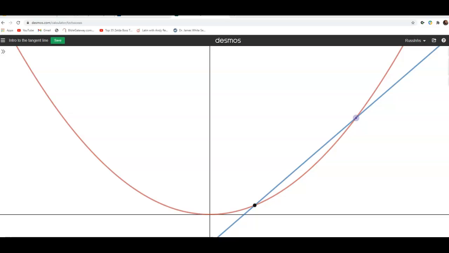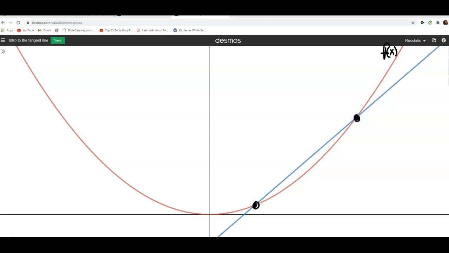All right. So let's go ahead and first of all remember this. This is a line, a straight line. Let's call this red line here. We'll call the red line f of x, okay? Now this blue line, though, is a linear function. It's a straight line, and it's going from here to here. And that's what we call a secant line.